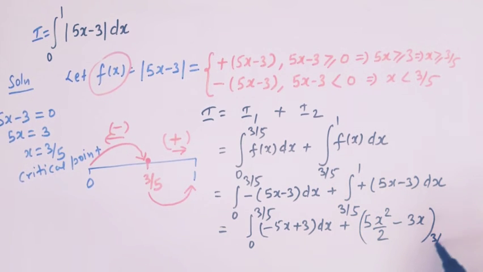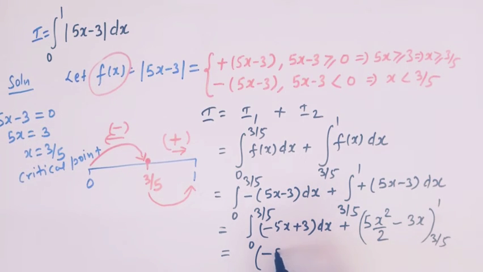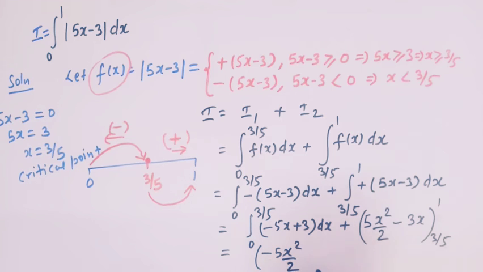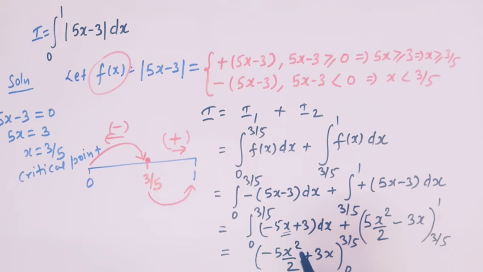And the limits are from 3 by 5 to 1, and here we have minus 5x square over 2 plus 3x, and the limits are from 0 to 3 by 5, right? Because the indefinite integral of x square is x square over 2, and here we have the integral of dx as x, here also the integral of dx as x, right?